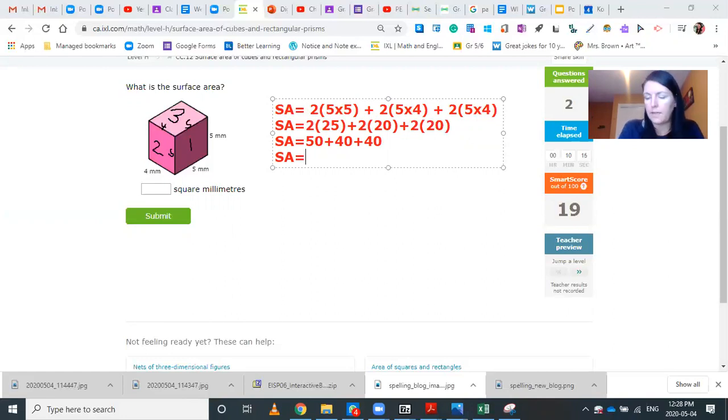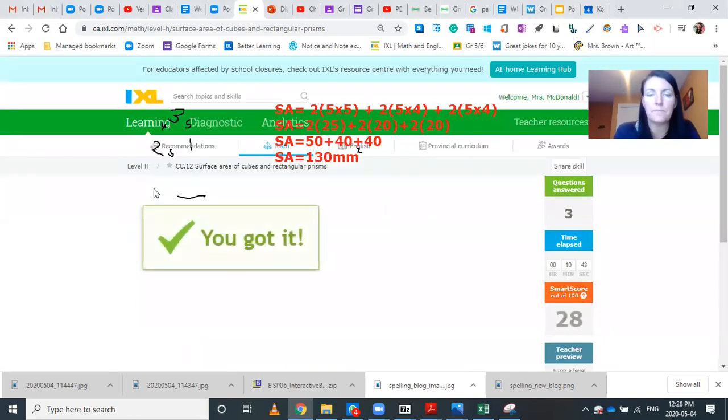So in the end, 50 plus 40 plus 40 is 130. What is our measurement that we're using? Millimeters. And because it is surface area, it is square millimeters. And here it does tell you square millimeters, just to remind you. Okay, so 130 square millimeters, and there you go.